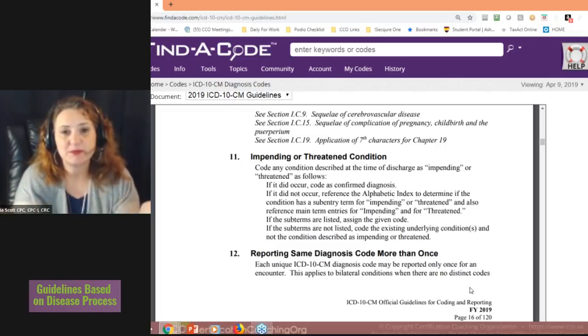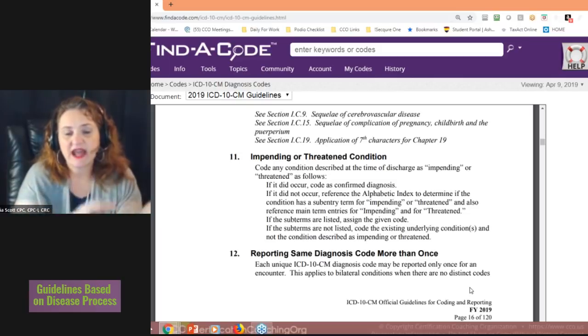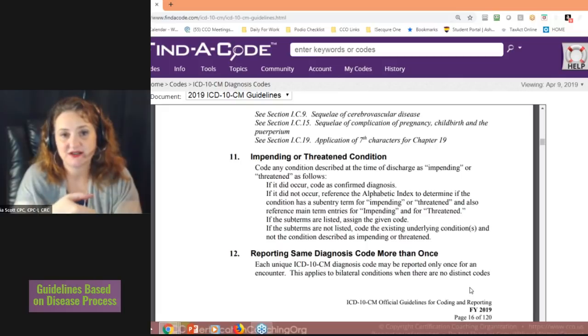Now, that doesn't apply to everything. Can we have a threatened pneumonia? Well, they could say that in the documentation, but that is not a definitive diagnosis because that isn't part of a disease process. You either have pneumonia or you don't. You can't have a threatened amputation.